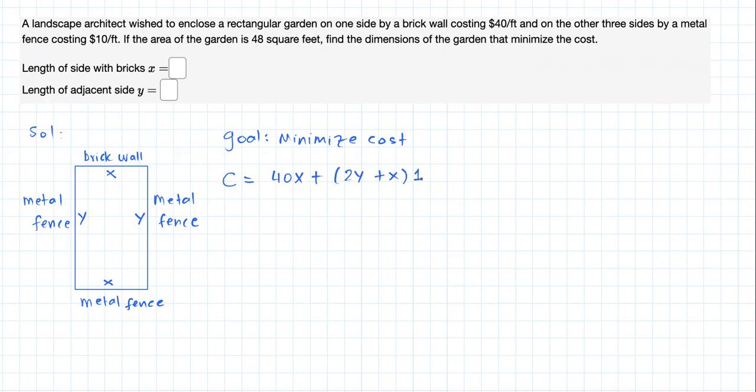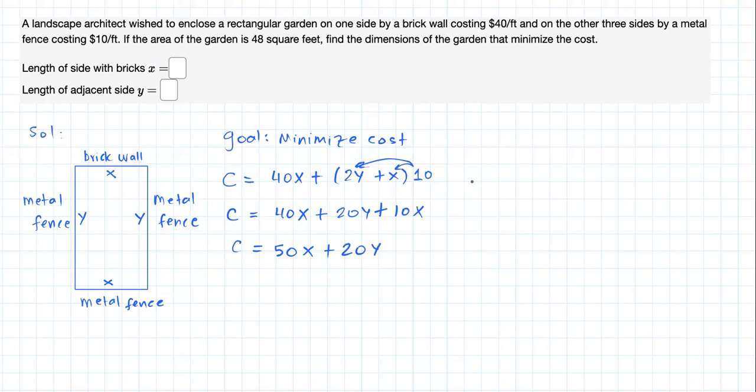So our cost function should be 40X plus 20Y plus 10X. Simplifying, our cost function would be 50X plus 20Y.